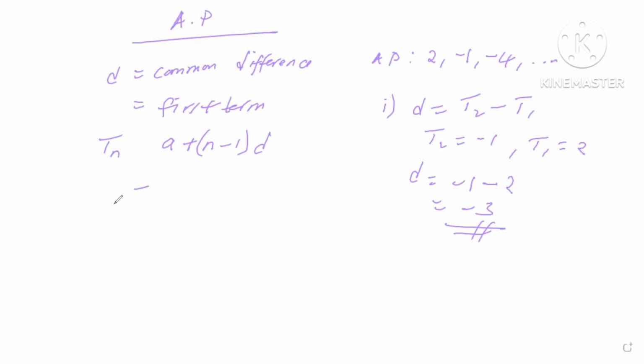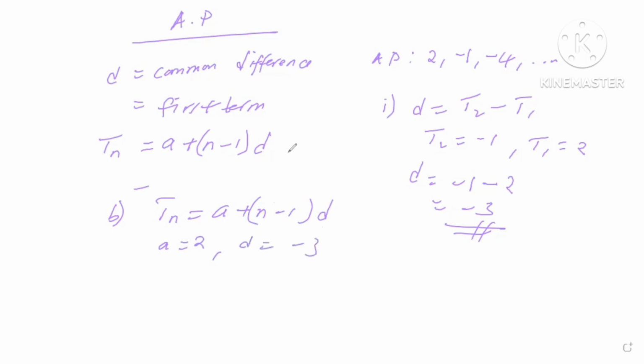So we go to part B. They're saying that we should find the formula for the nth term. We said the formula is given by A plus n minus 1, multiplied by D. So we have A equal to the first term, 2, then D is -3.